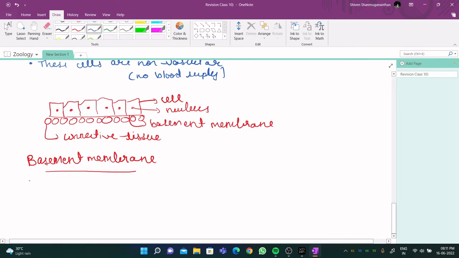The basement membrane is acellular in nature. It is thin and elastic, and it is highly permeable.